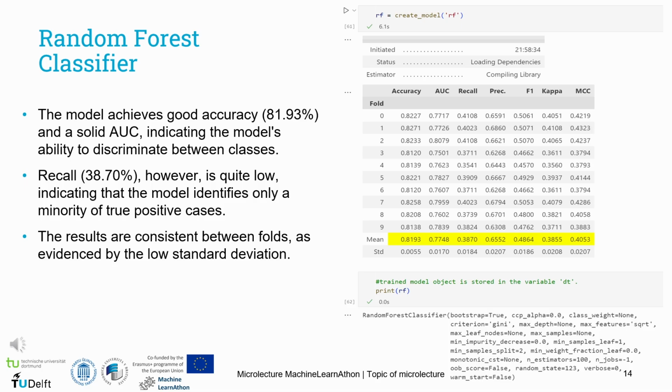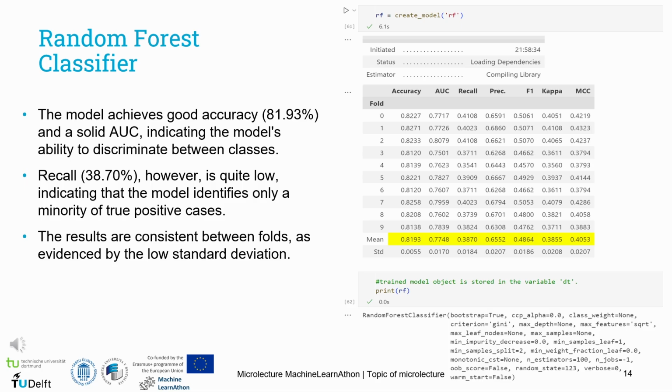Looking at the average row, we can see that the random forest model achieved an accuracy of 81%. This indicates that overall the model correctly classified a high proportion of cases. The AUC, or area under the curve, is 0.77, which shows the model's solid ability to discriminate between positive and negative classes.